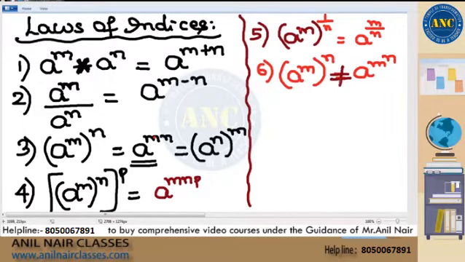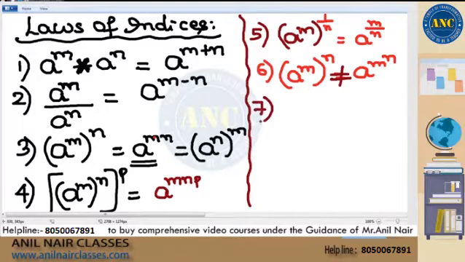Very, very important point: (a^m)^n is not equal to a power m power n. They both are not equal. That extra bracket which we are putting really makes a lot of difference in simplifying. I will take an example in some time and tell it to you, right?